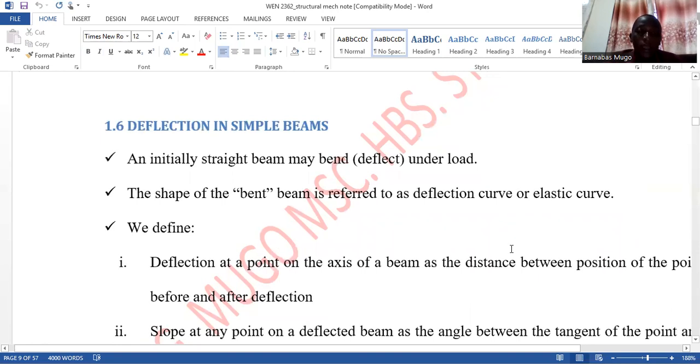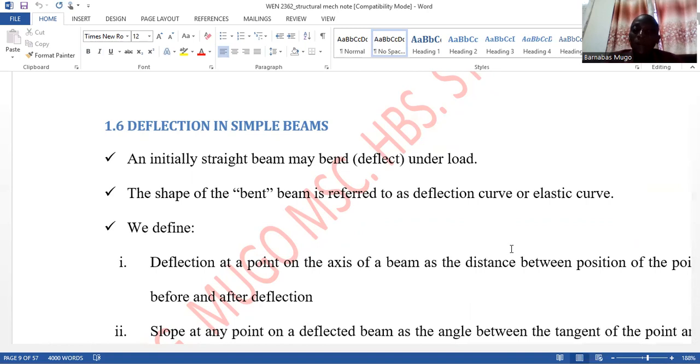That is, when I load a beam, an initially straight beam will always bend. As long as there is loading of the beam section, we expect some deflection to occur. There is a bending that is going to be experienced by that beam.